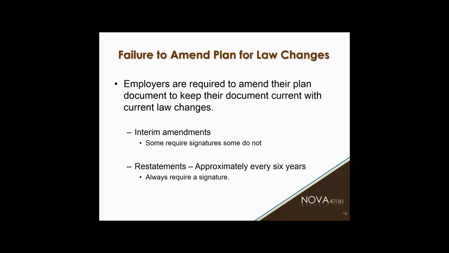We do prepare the restatements when necessary, whenever new documents become available. If there are interim amendments, we keep track of that and let you know when one needs to be signed. Sometimes they require your signature, sometimes they don't. But it's approximately, again, every 6 years for a major restatement.